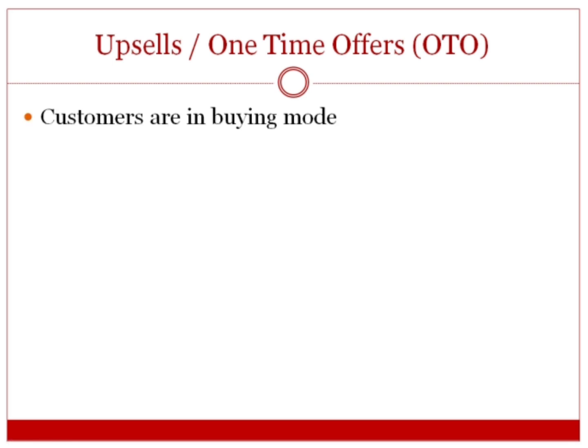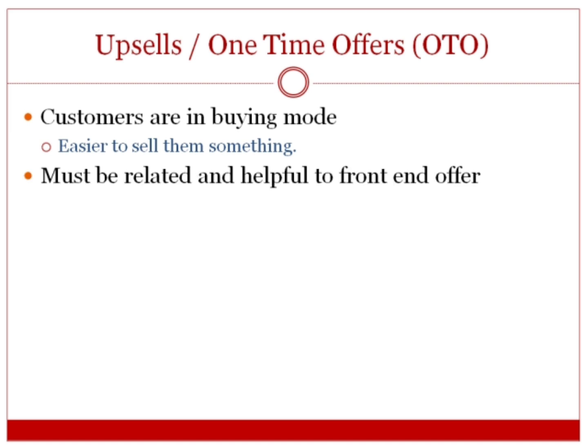So the reason why one-time offers are very, very powerful is because customers are in a buying mode. So they just purchased your front-end product and you provide them with a one-time offer that is related to the front-end product. So upsells and one-time offers, they are easier to sell once the customers are in buying mode.